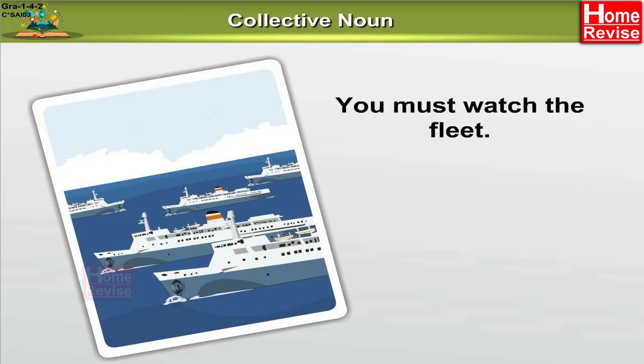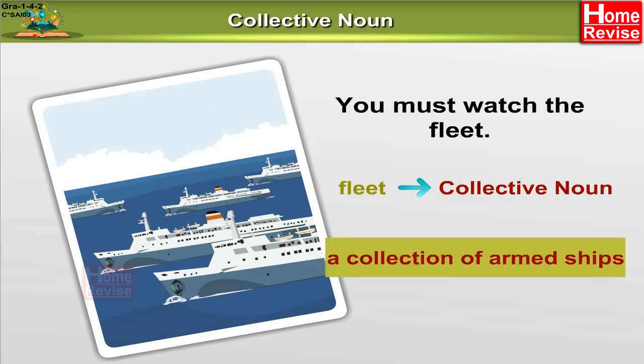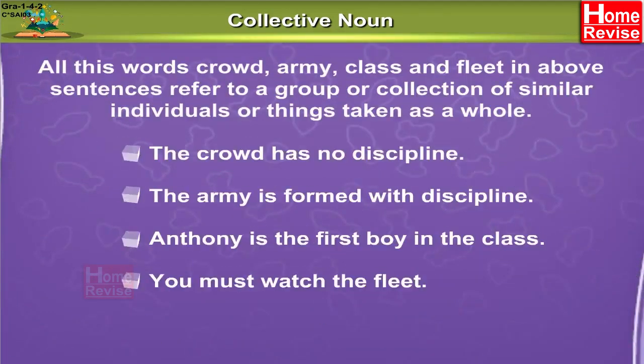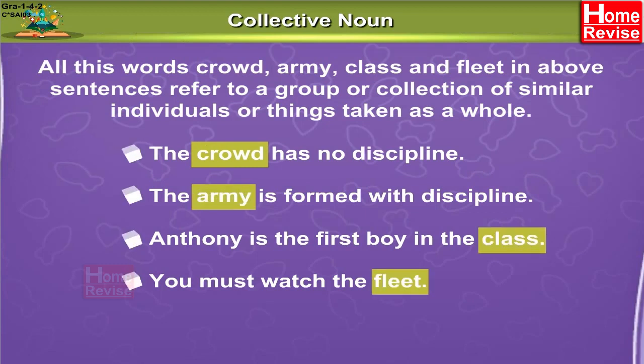You must watch the fleet. Here, fleet is a collective noun because it states a collection of armed ships. All these words, crowd, army, class, and fleet, in the above sentences refer to a group or collection of similar individuals or things taken as a whole.